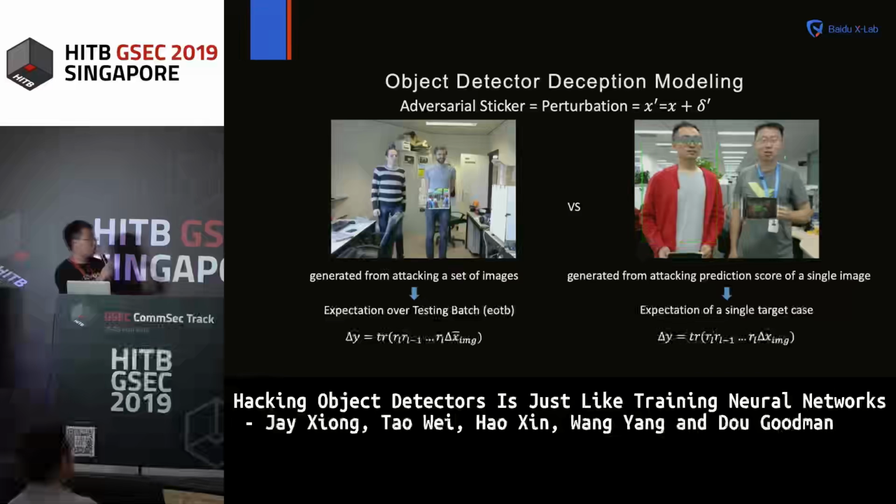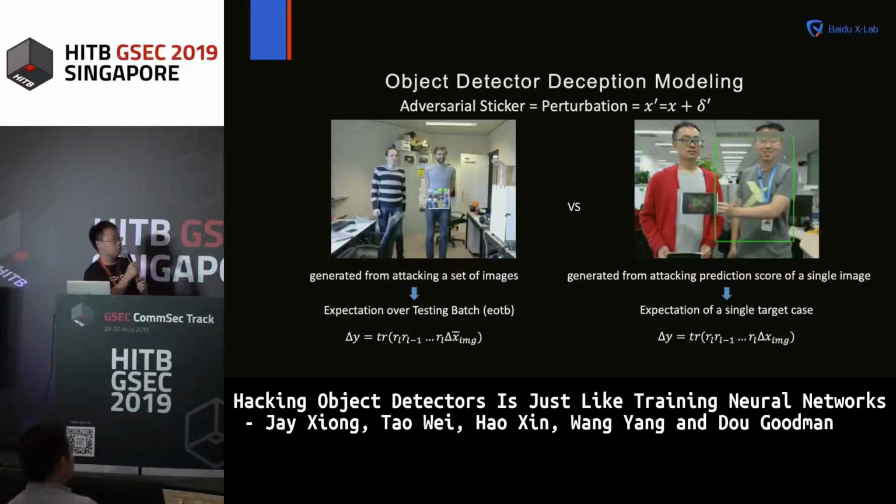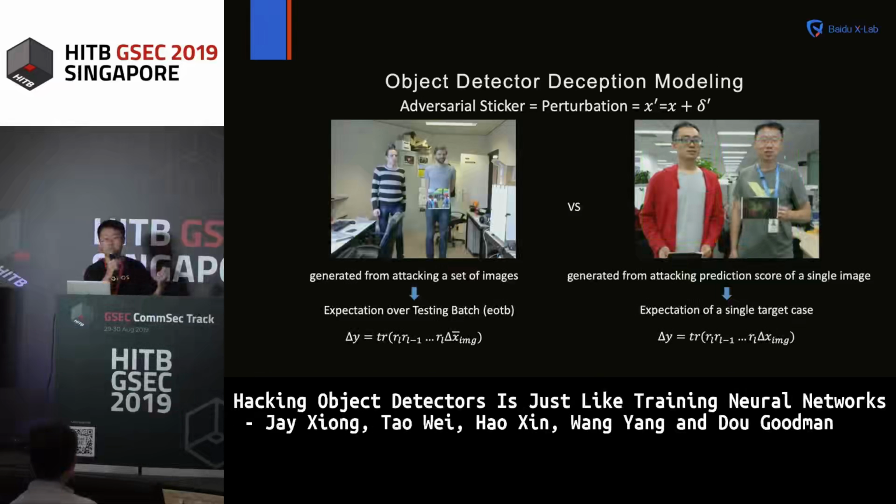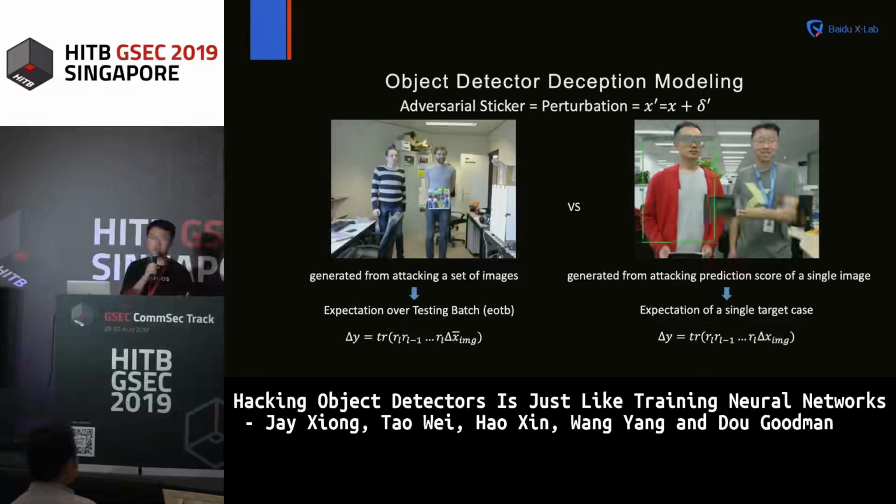Yeah. We studied the paper they published and saw their code. Their attacking objective is to let the sticker lower the model output on a set of images.